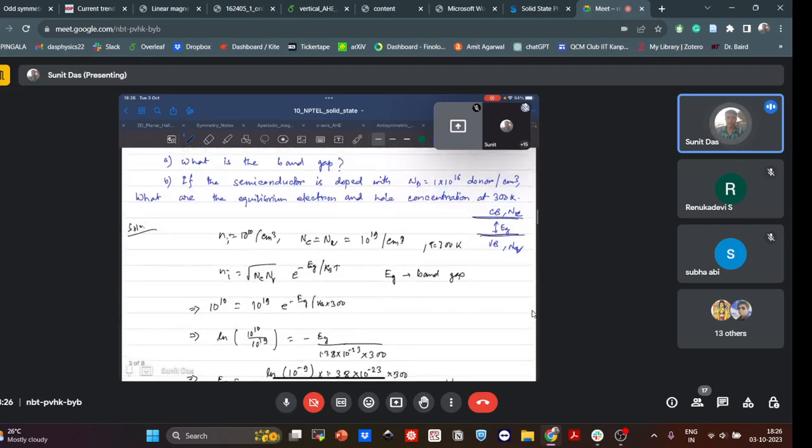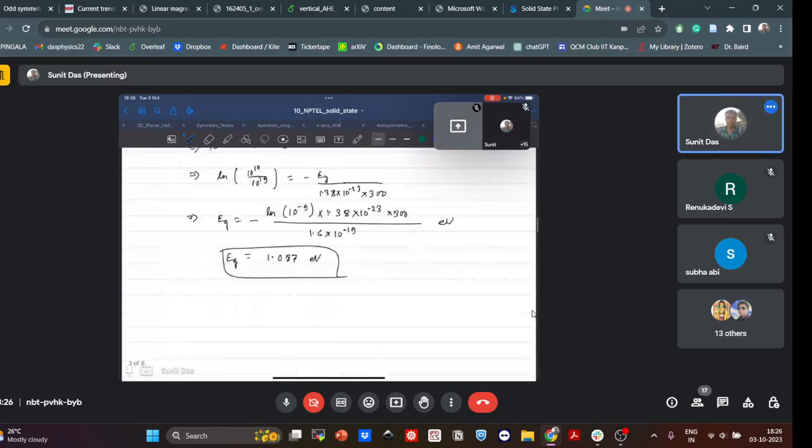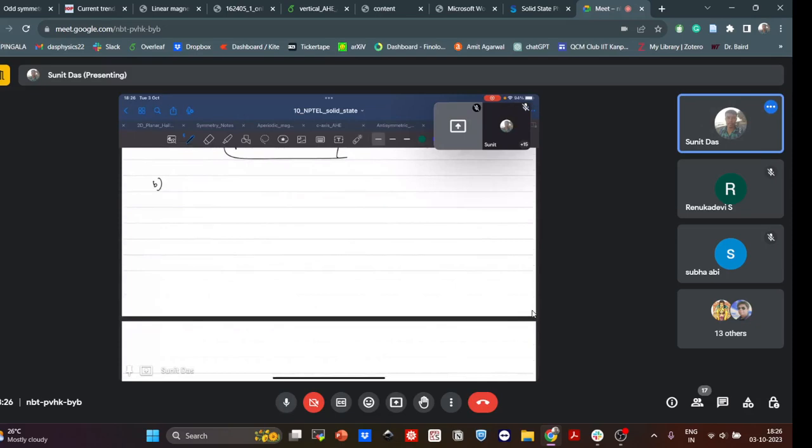And the second part is we dope the system with Nd of 10 to the power 16 donors per centimeter cube. Now we need to find the equilibrium electron and hole concentration. What the law of mass action says is N0 P0 equals Ni Pi.